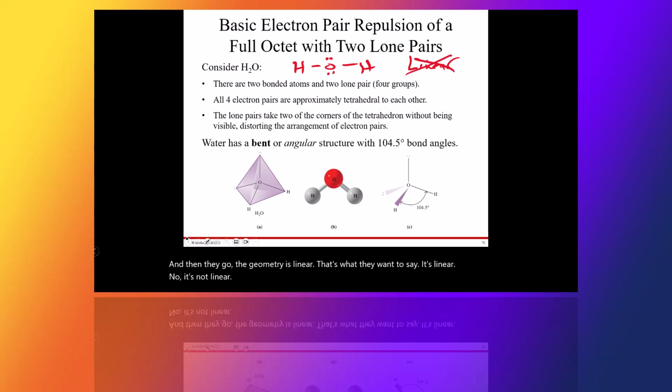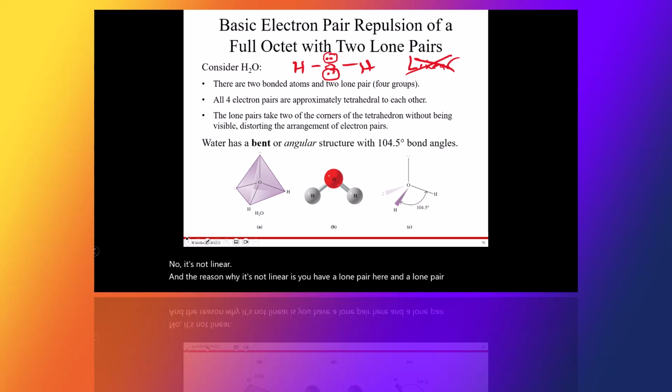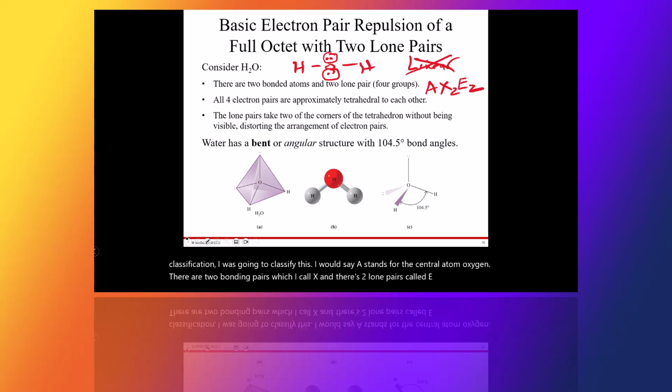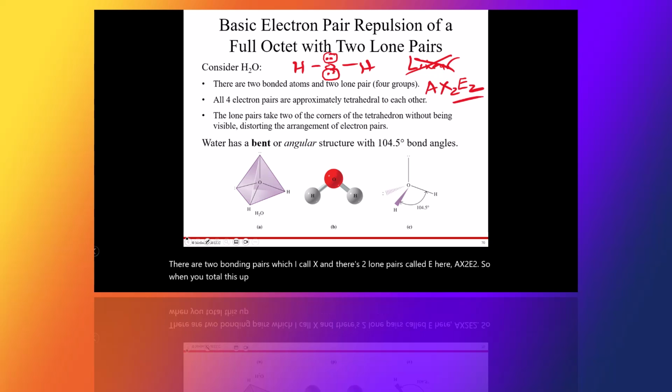The reason why it's not linear is you have a lone pair here and a lone pair here. So if I was going to classify this, I would say A stands for the central atom, oxygen. There are two bonding pairs, which I call X, and there are two lone pairs called E here. AX2E2. So when you total this up, it's still four things coming off the central atom. So we still have a tetrahedral arrangement of the electrons.